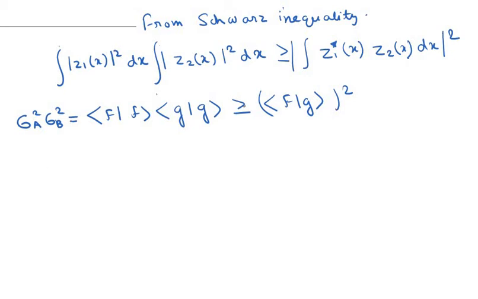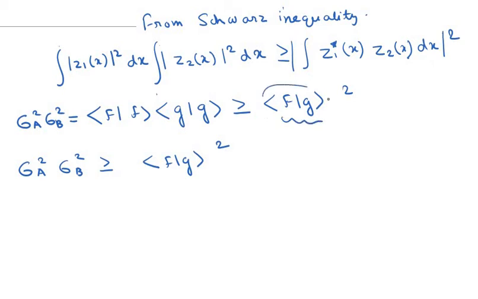So sigma a square sigma b square must be greater than or equal to the square of the inner product of f and g. We actually need the mod sign here, because this part can be a complex number. It is a number because it is inside an integral, but it can be complex, so we have to write the mod sign over here.